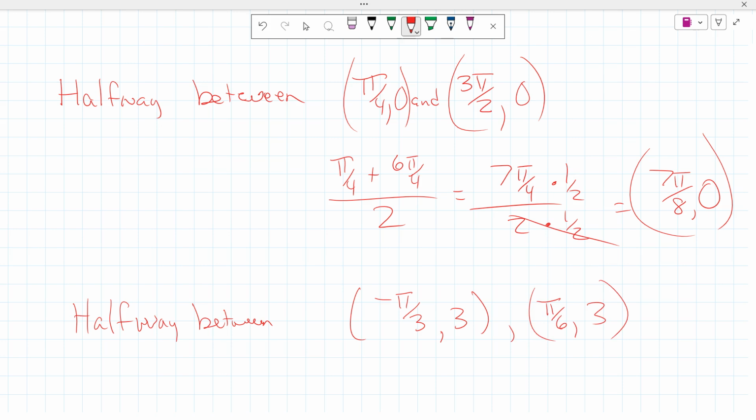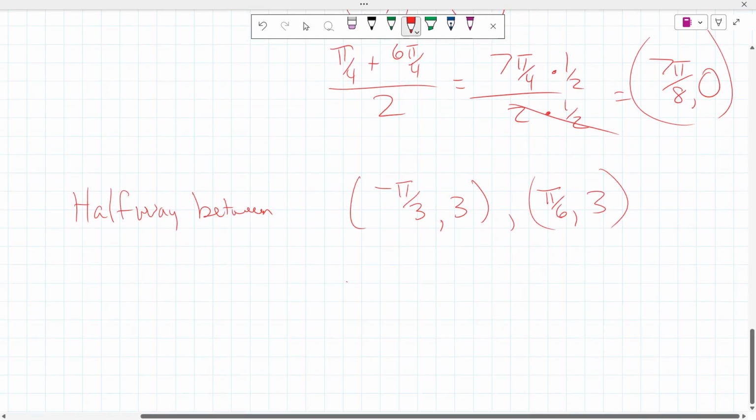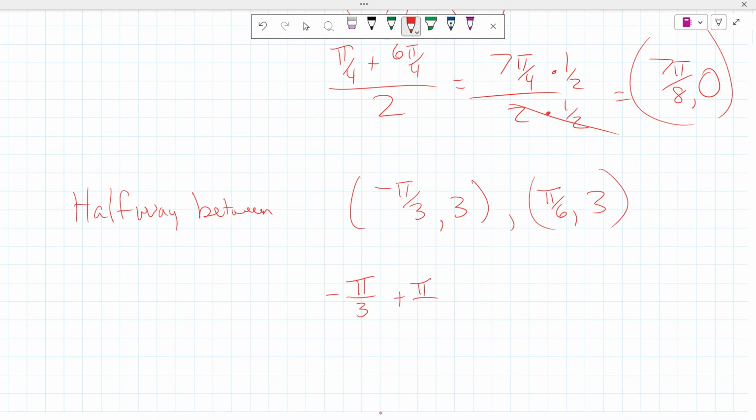Halfway between (negative pi over 3, 3) and (pi over 6, 3). What's halfway in between those two? Well, you take negative pi over 3 plus pi over 6 divided by 2, which is negative 2 pi over 6 plus 1 pi over 6 divided by 2.